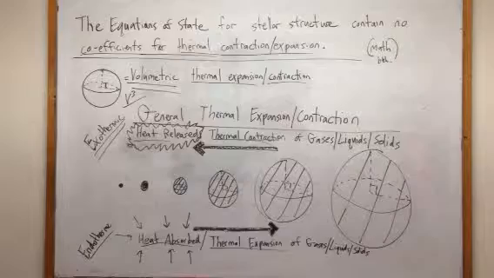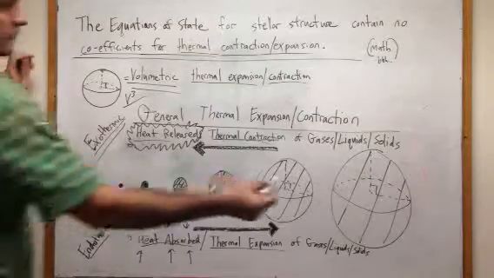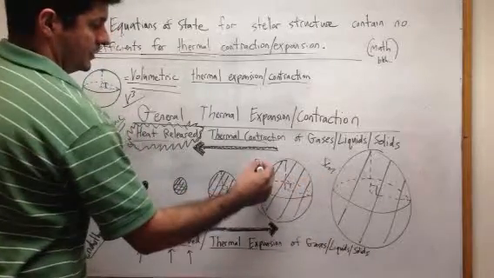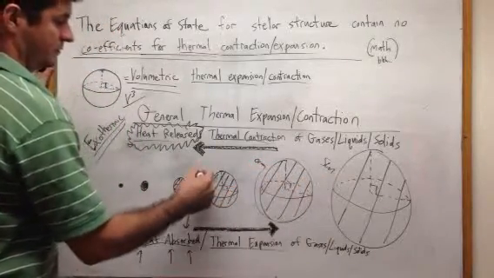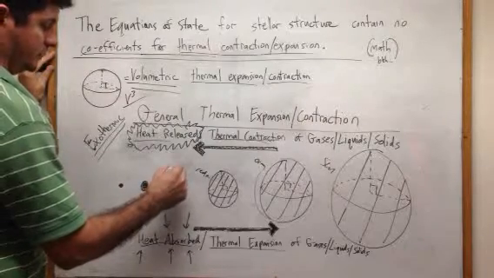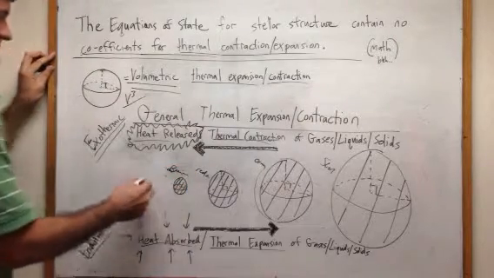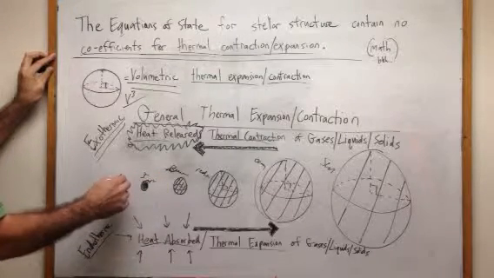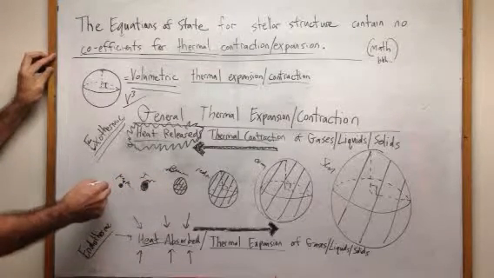At the same time, this would be the sun, this would be an orange star, this would be a red dwarf, this would be a brown dwarf, and this would be like a Jupiter, this would be like a Neptune, and obviously it just keeps on going.